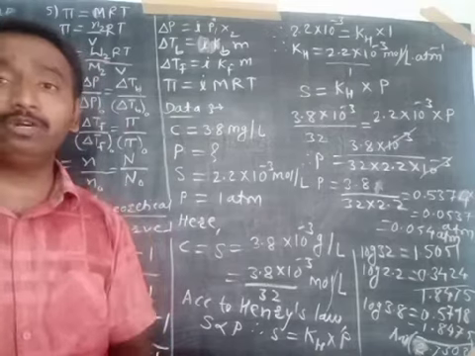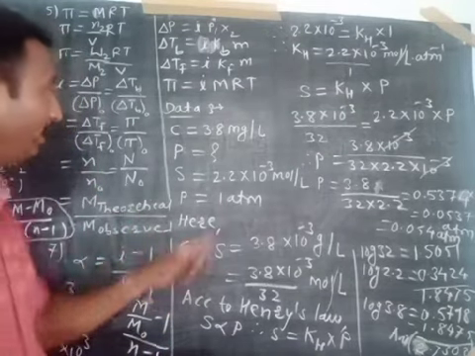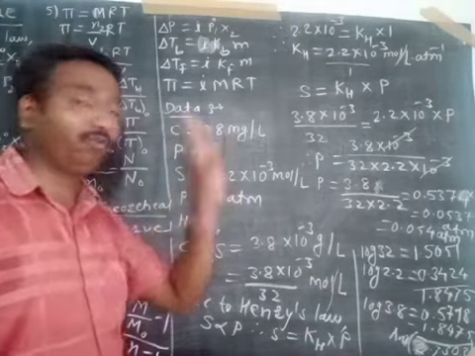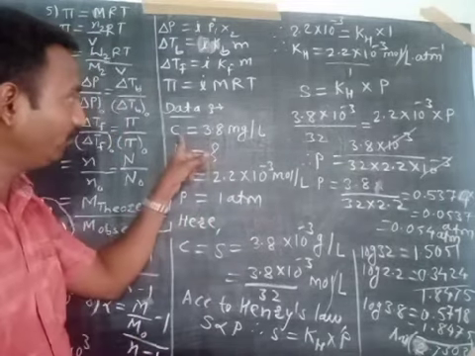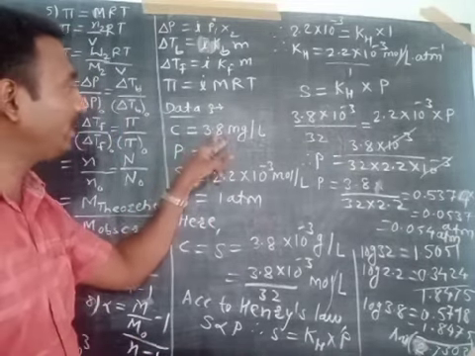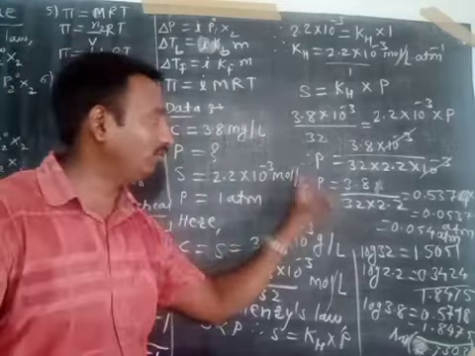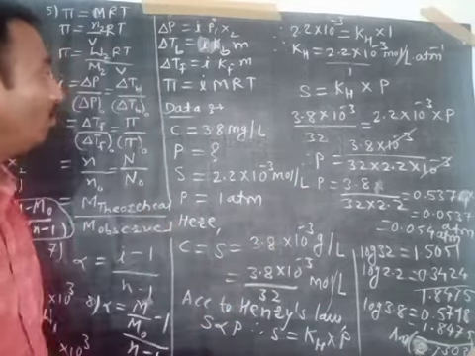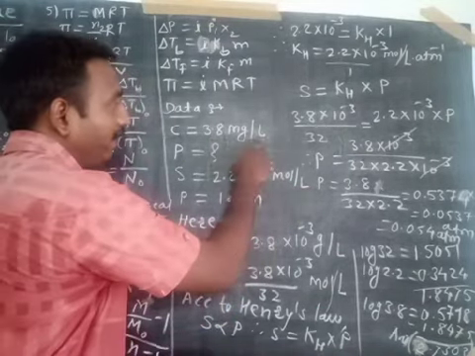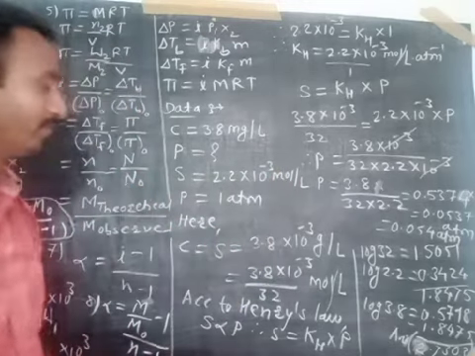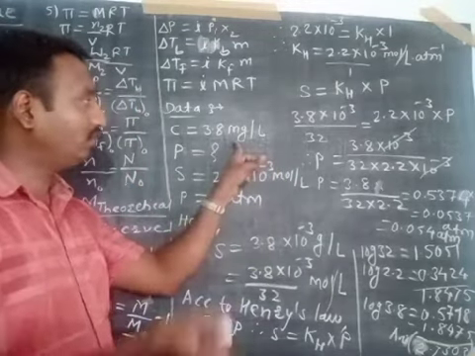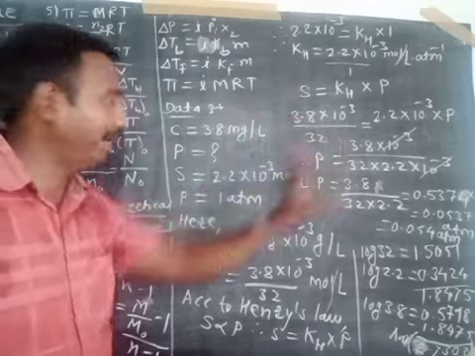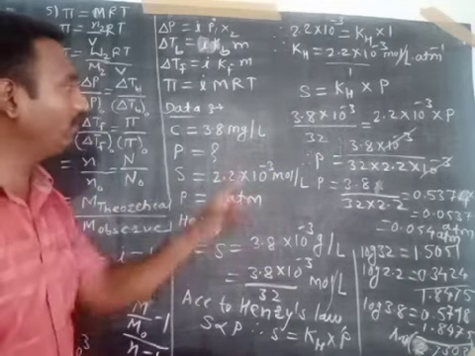Then how to calculate? To calculate the partial pressure for the first solubility, we have to change this solubility in terms of mole per liter. How to change milligram per liter to mole per liter? So go for the first conversion, milligram to gram. Then how to convert milligram to gram?